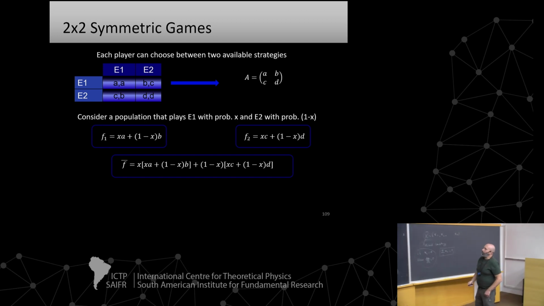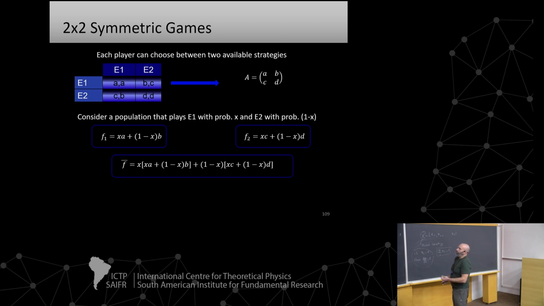If I have only two strategies, I can write the replicator equation not for both of the strategies, but only for one of them, because one strategy will have fraction x, and the other strategy will have fraction 1 minus x. So it is not adding any information if I write the equation for both of them. So I will write the equation for only the first one, okay?